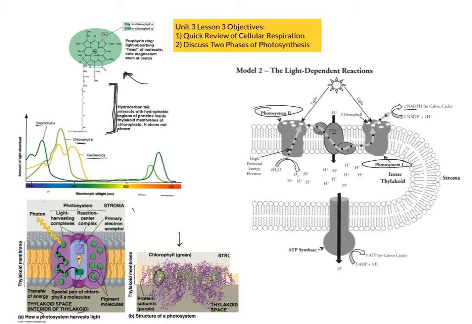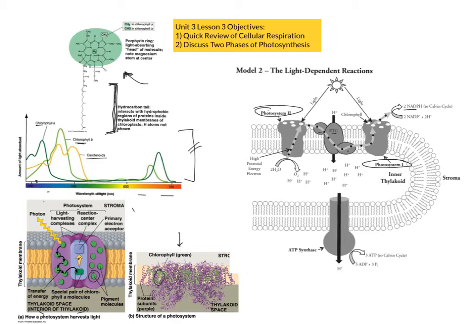Before we talk about how that's done, if you look at this diagram here, the differences between those pigment molecules is what type of light they're best at absorbing. Chlorophyll A tends to absorb light closer to this end of the visible light spectrum, about 425 nanometers.